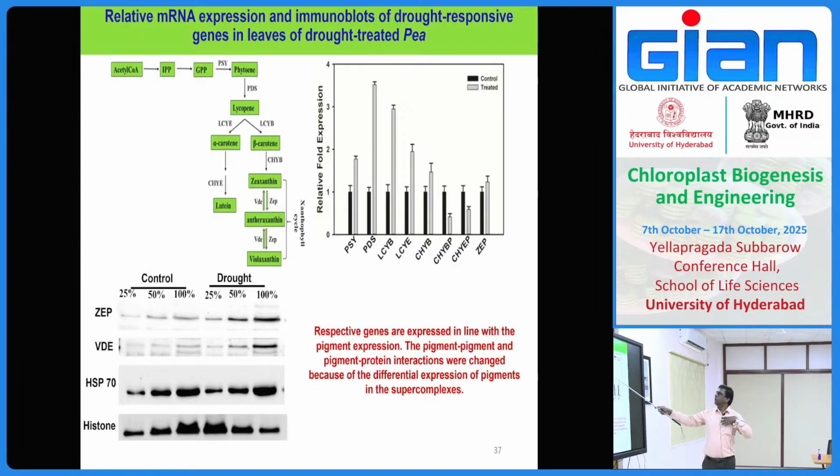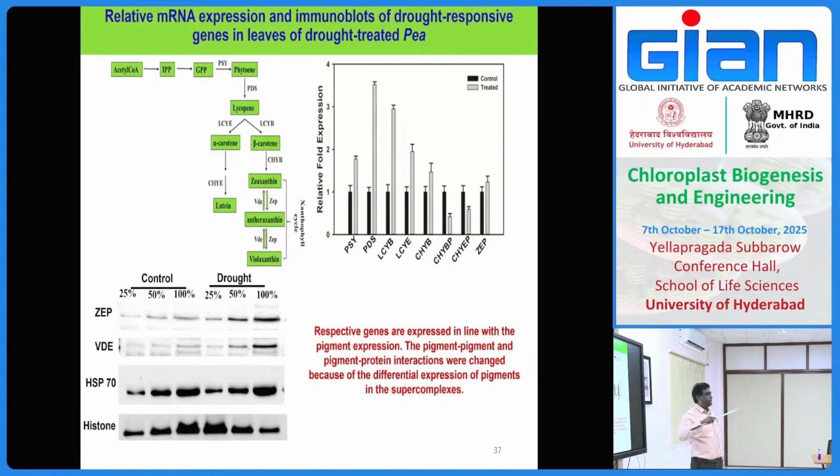We tested all these genes using RT-PCR, where you can see that most of these pigments, let's say beta carotene to zeaxanthin, you can see CHYB increased here. In some of the genes of the xanthophyll cycle, CHYB is increased, and PDS, which mostly converts phytoene to lycopene, is increased significantly.